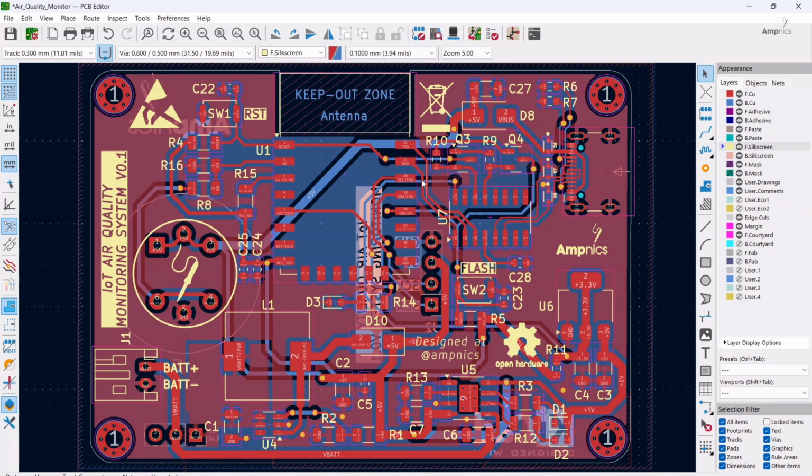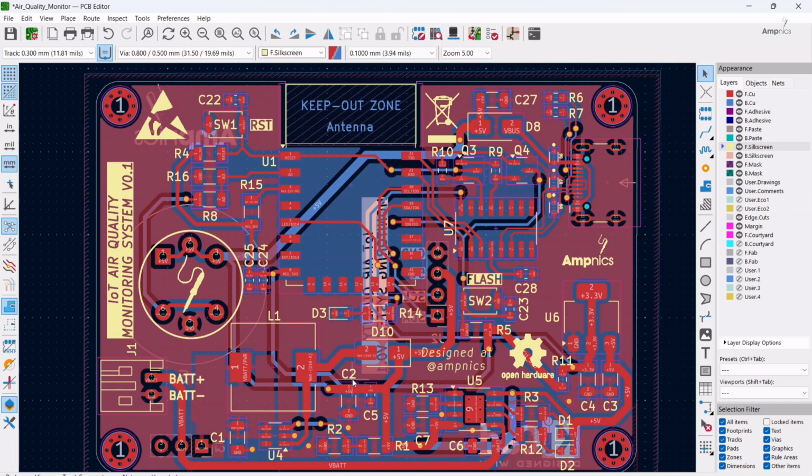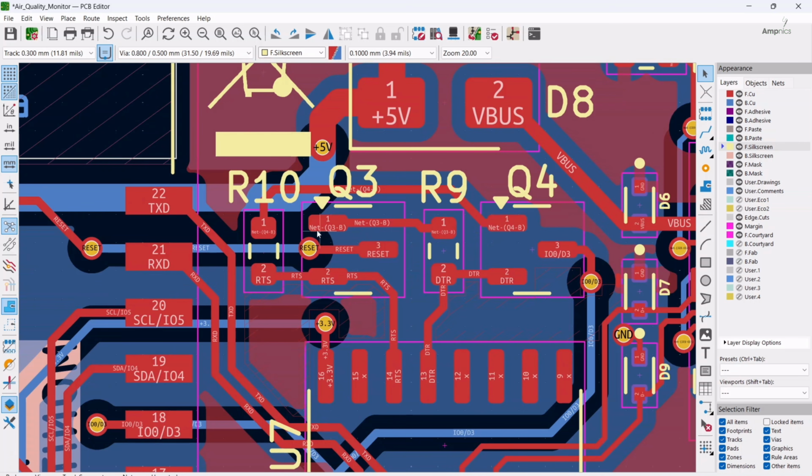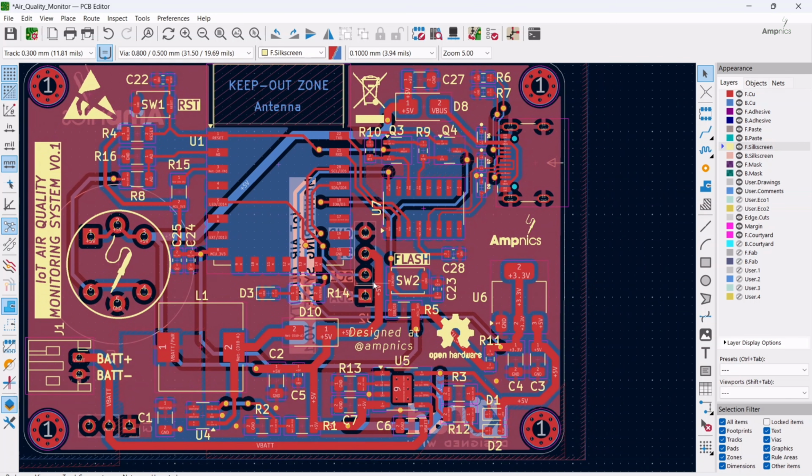So as you can see, a double layer PCB is here. You can see we have 4 different sizes of tracks, and the different sizes are used for different purposes. The 0.2 mm tracks are for USB, and 0.3 is for connecting devices such as passive devices, the transistor, resistor network.